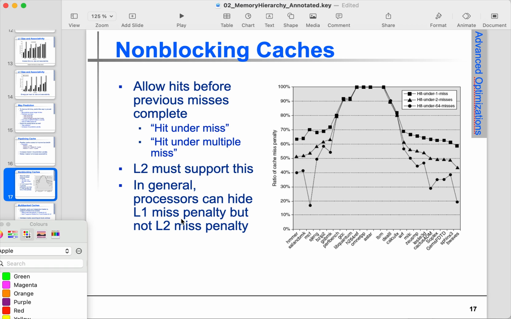Level 2 cache must support this, and in general processors can hide the level 1 miss penalty, but not the level 2 miss penalty.